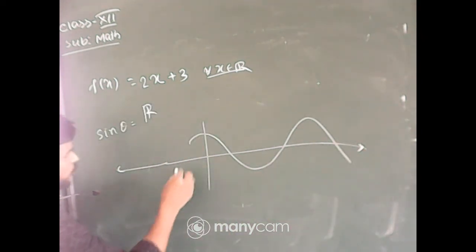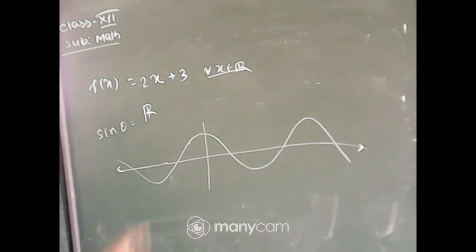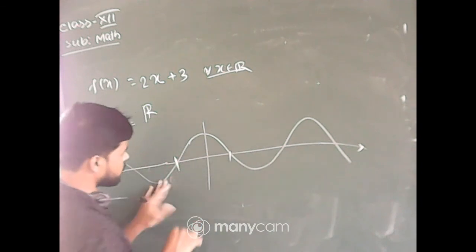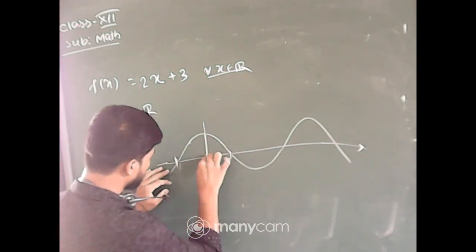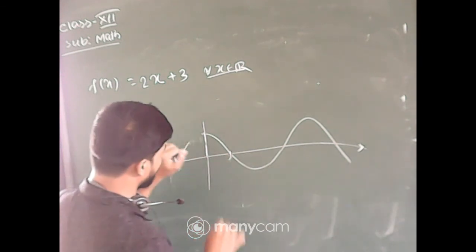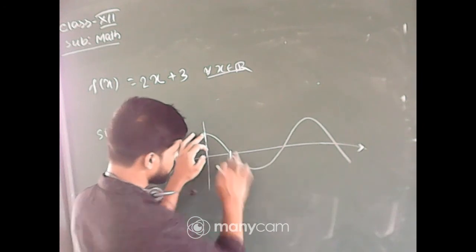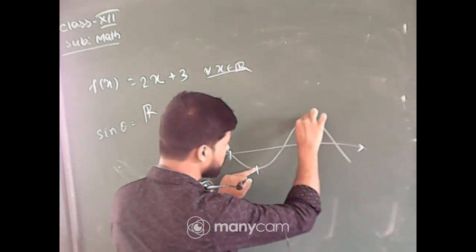Actually, I have drawn the graph of cos theta. Look, this graph is increasing in this part, decreasing from here to this point, and increasing from this point to this point.